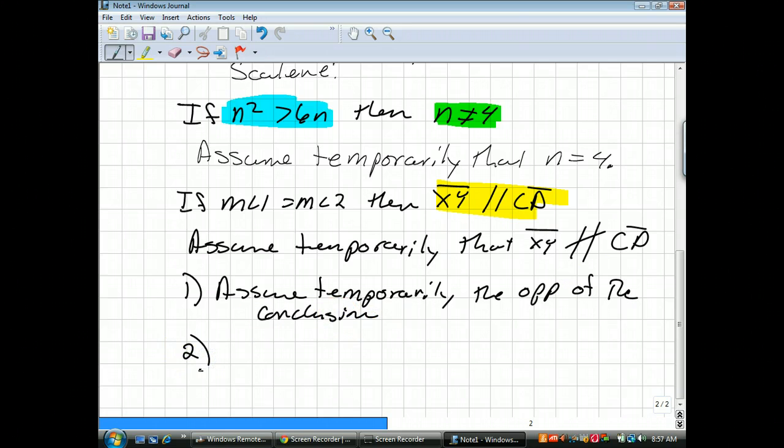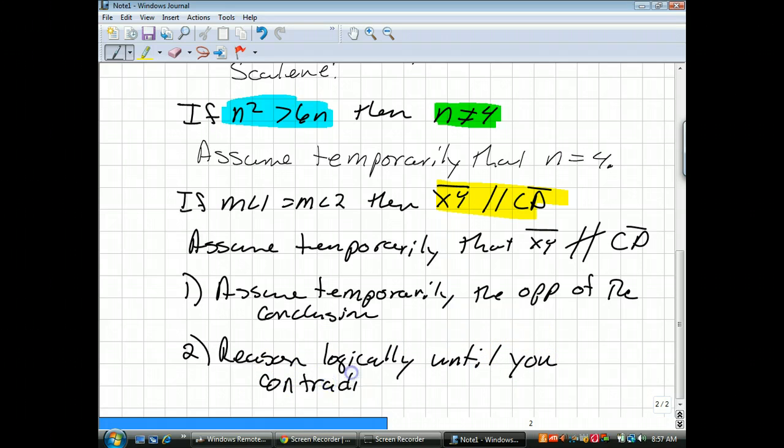Number 2, reason logically until you contradict the given or hypothesis. Okay?